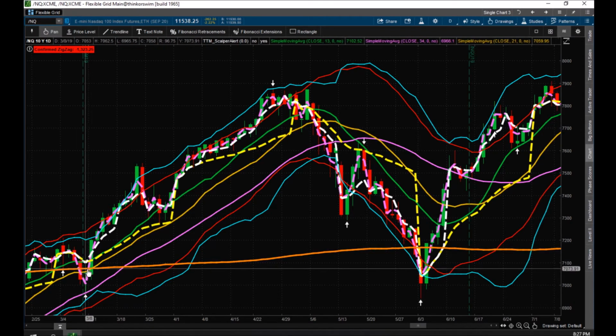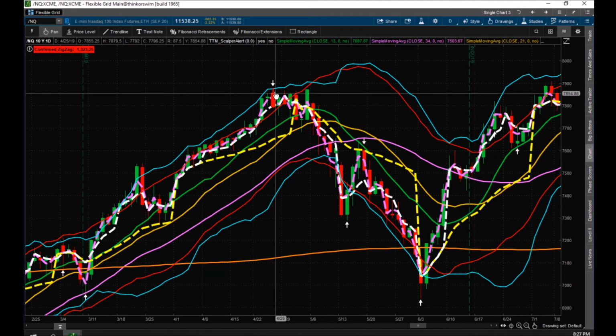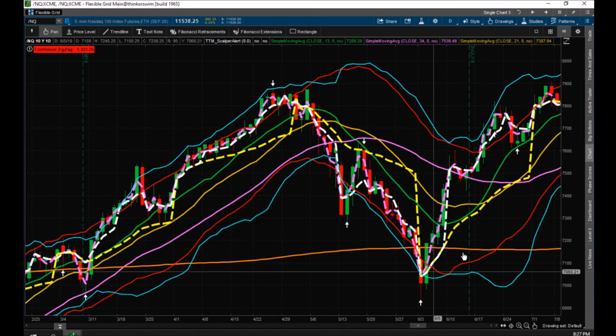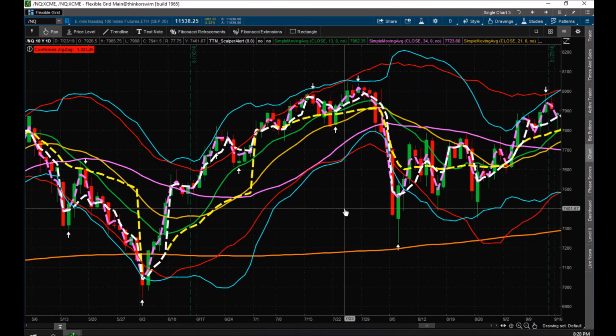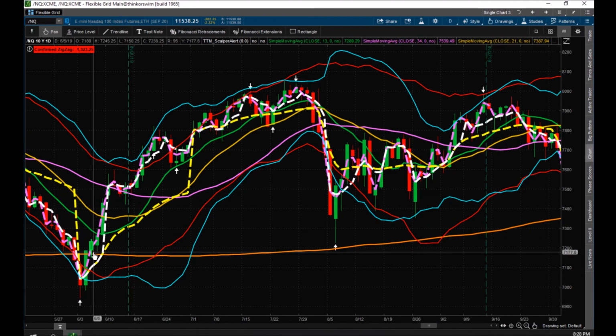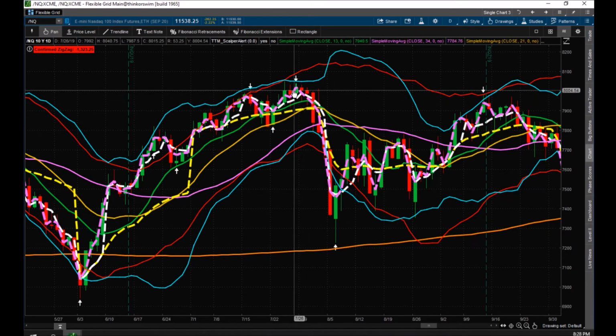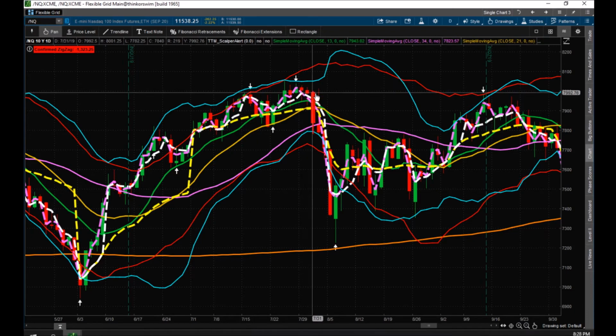It bounced off the 200 and then made a new high, and then it sold off in May, and then went back down to March, and over here touched the 200 in June, and then sold off in July, August.